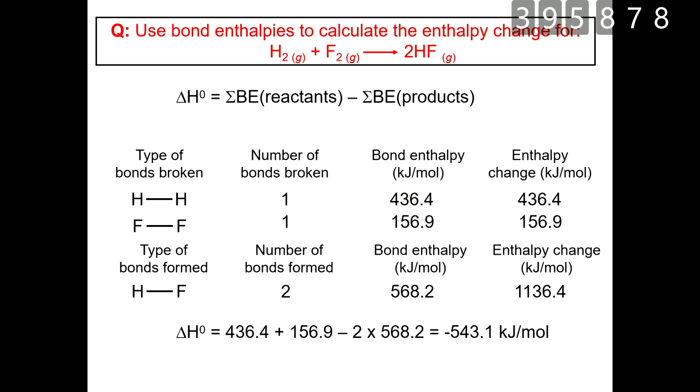Use the reactants minus the products, and finally get a negative number. This means after the reaction, this system loses energy, so it also releases energy. So this also means it is easy for this reaction to happen.